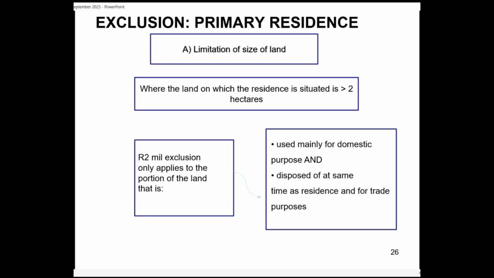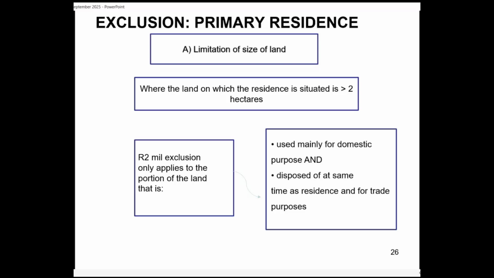The 2 million excluded will only apply to the portion of the land that is used mainly for domestic purposes and disposed of at the same time as the residence.